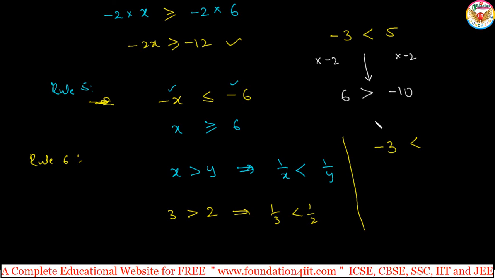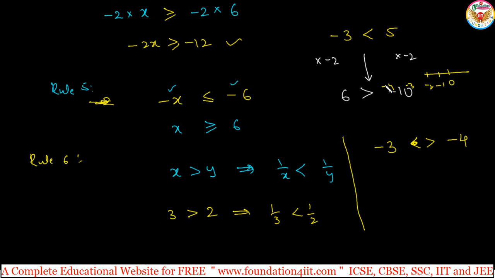So for example, if you take minus 4, on the number line, 0, then this side is minus 1, minus 2, minus 3, minus 4. So minus 4 is less. That means minus 3 is greater, because minus 3 is on the right side.